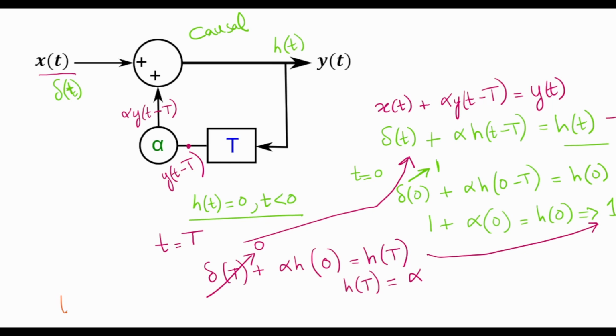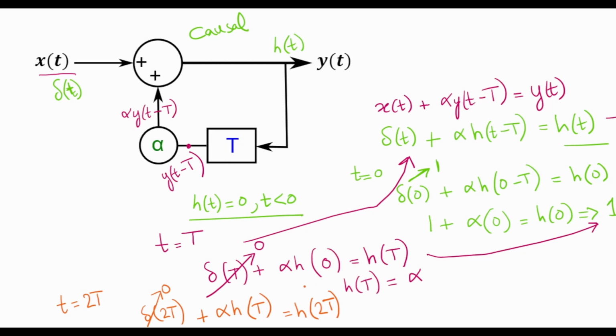Similarly, I can find the impulse response at t equals 2T. This would be, from equation number 1, delta of 2T, which again I know goes to 0 because delta only exists at t equal to 0, plus alpha times h of 2T minus T, and this would be equal to h of 2T.